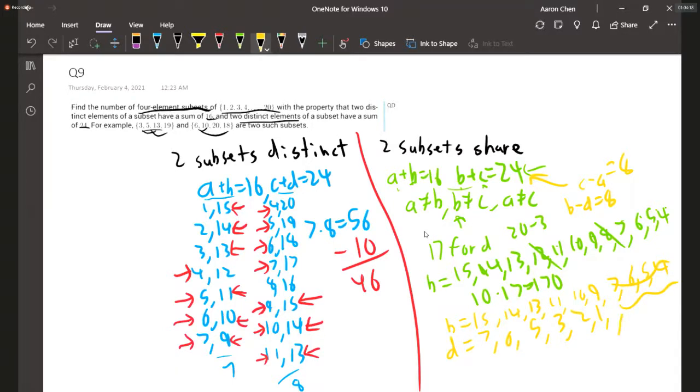So there's 6 values here that don't work. 170 minus 6 is 164. The answer to this question is the sum of these two values, which is 164 plus 46, or 210. So does anyone have any questions about this problem?